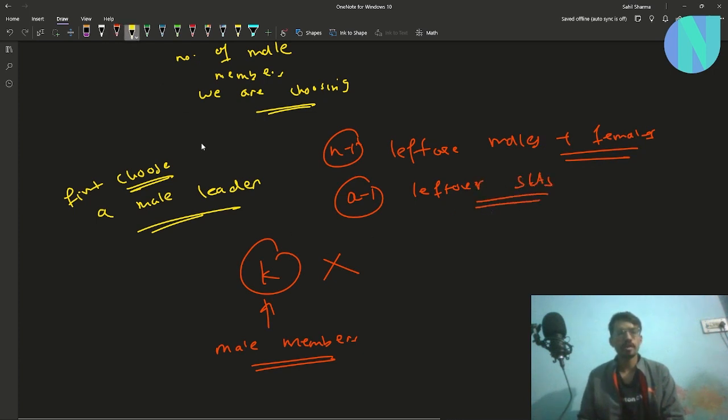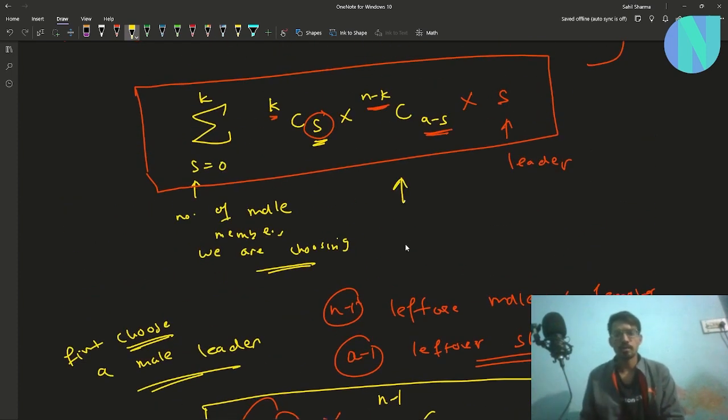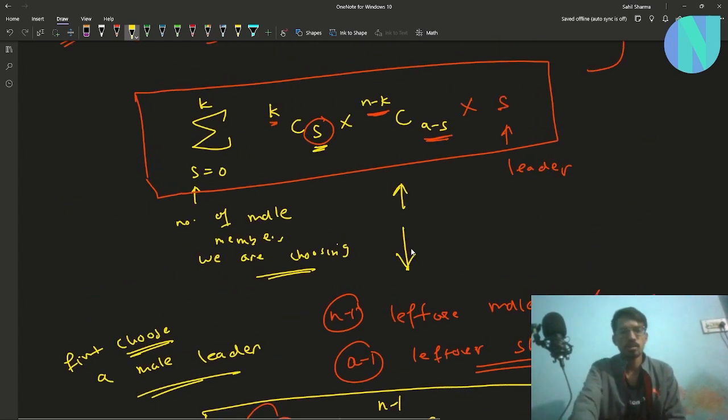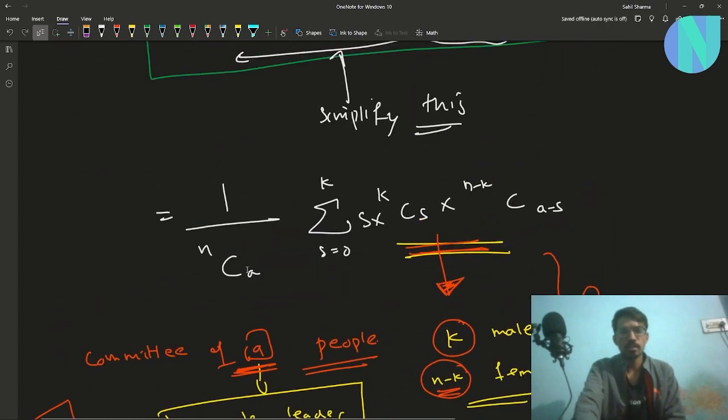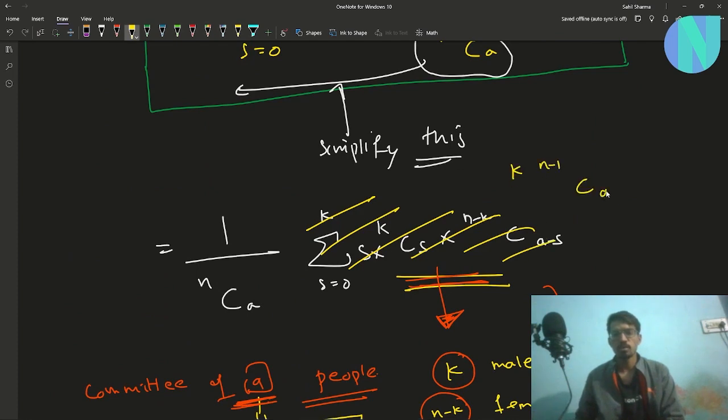As we already have a male leader, we don't care about anything else. So out of these n minus 1 leftover males and females, you can choose any A minus 1. So you can say K into (n minus 1) C (A minus 1). This is also an answer to this problem, so these two expressions are equivalent. So I can just remove this summation and put K into (n minus 1) C (A minus 1).